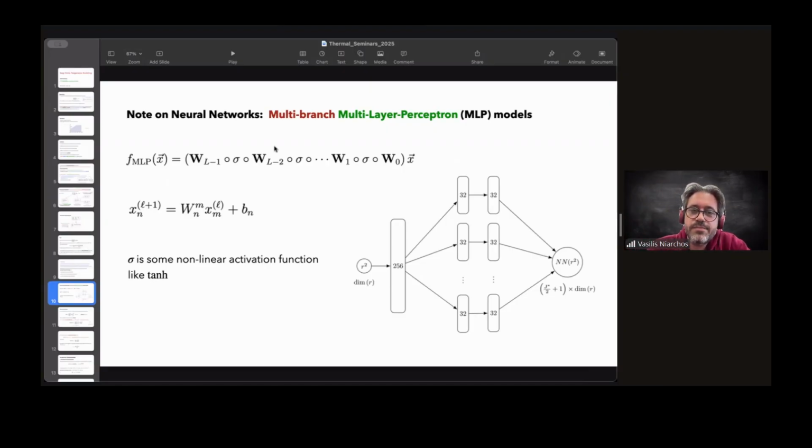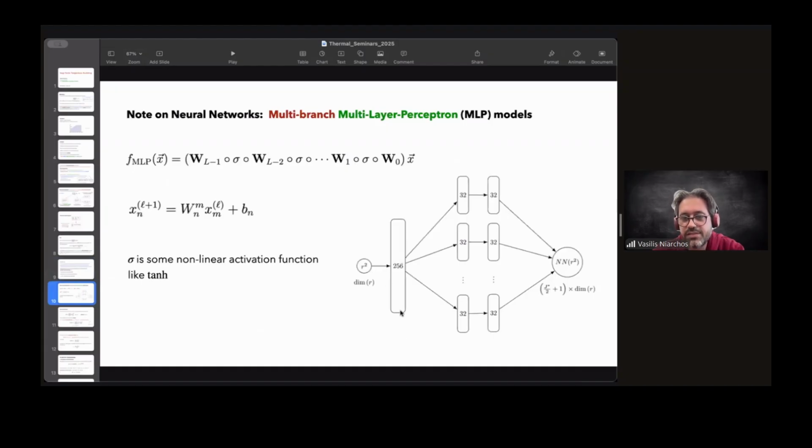In this problem that we want to solve, we have an output. The output is not going to be a single function in general. Depending on what J star is, you're going to produce different functions for its spin. So we have a set of functions that we want to model. We find it convenient to use an architecture called a multi-branch, multi-layer perceptron model, where initially there is a linear layer that takes the whole input.